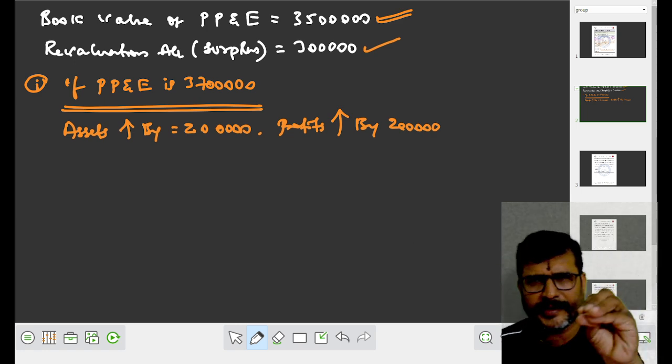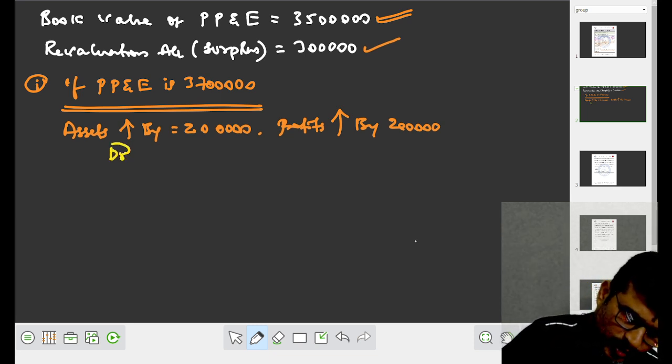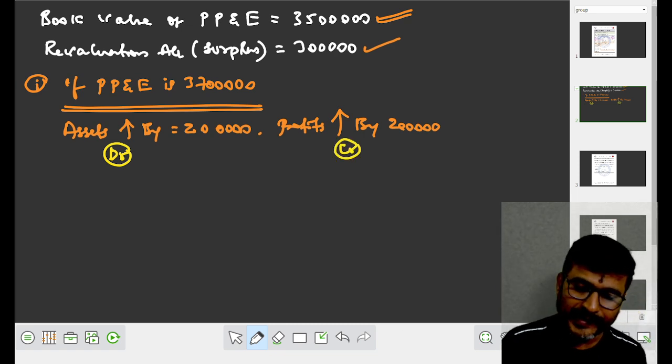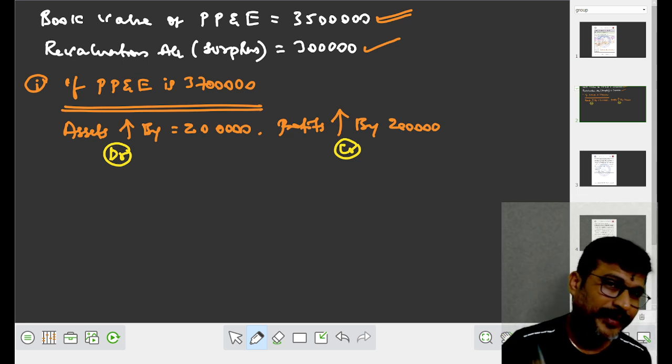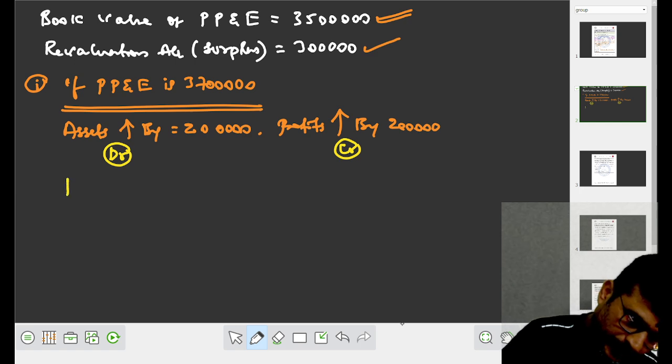According to the 5 stars, when an asset increases, it is to be debited. When profit increases, it is to be credited. This profit goes to the revaluation account. Now, what is your journal entry?